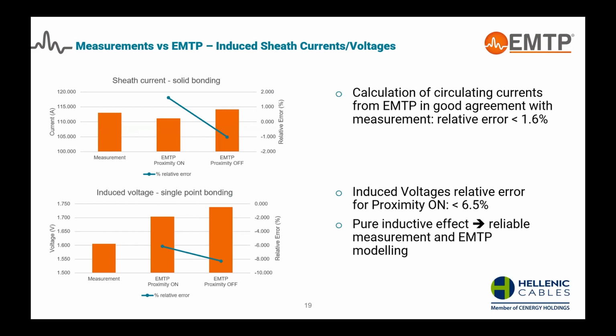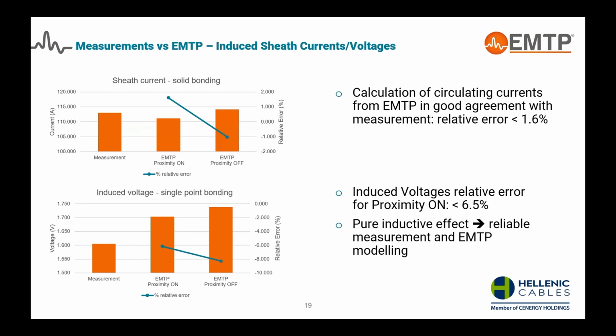Regarding the solid bonding and single point bonding, we can derive the circulating currents in solid bonding and the induced voltage at the open end in single point bonding. At the upper diagram, you can see the current on the y-axis that is measured and EMTP with proximity on and off.